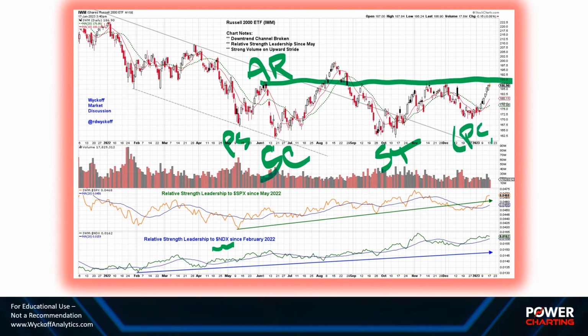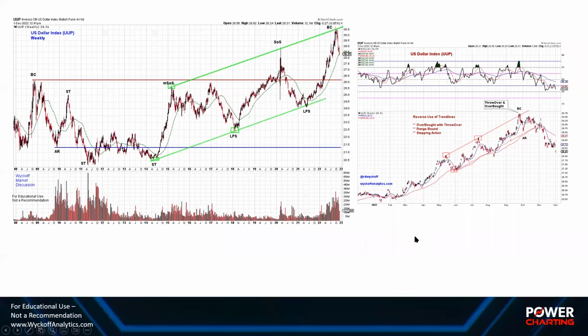This might be LPS. Look at the quality of this rally, persistent right up to resistance. Now it needs to get up and out of here, have some kind of a backup, and then be able to continue. So the ability to have a pause without a lot of downside volatility would be very good to see here.